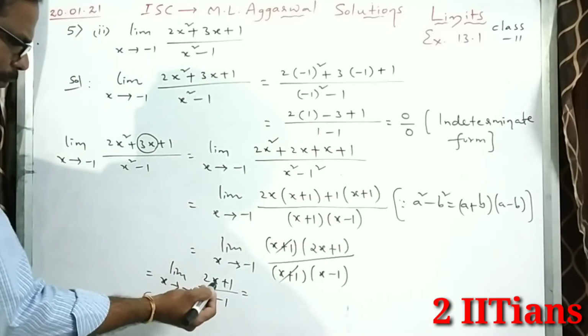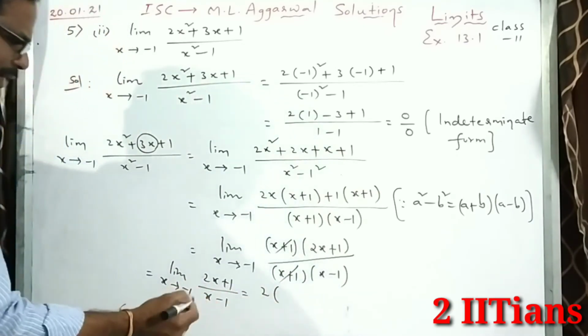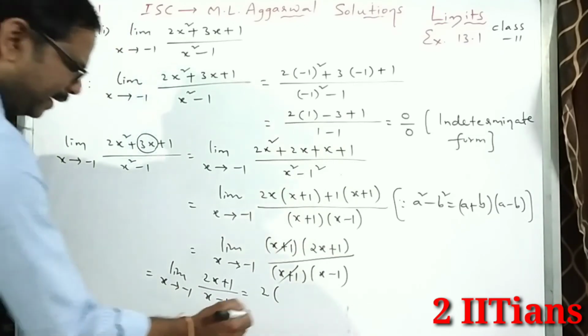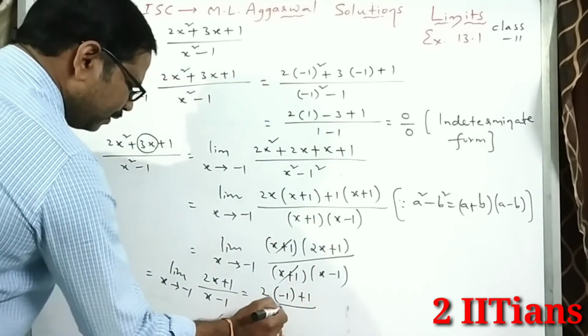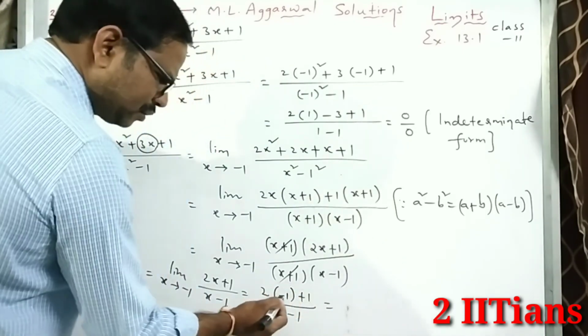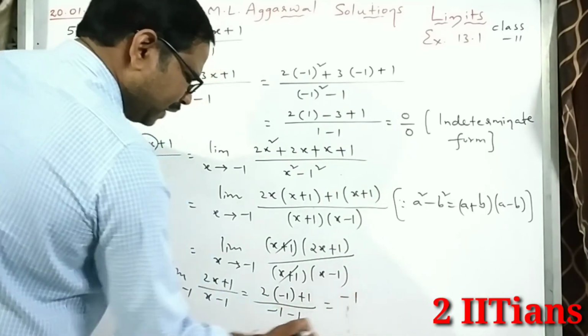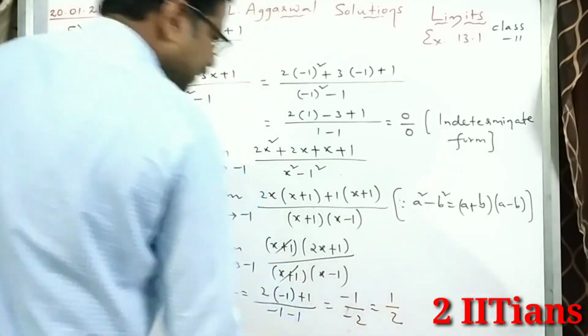I am going to put the value of x as minus 1 here. Since I am putting the value, I am not going to write the limit again. 2 into minus 1 plus 1 by minus 1 minus 1. So minus 2 plus 1, minus 1, by minus 2. Minus minus gets cancelled.